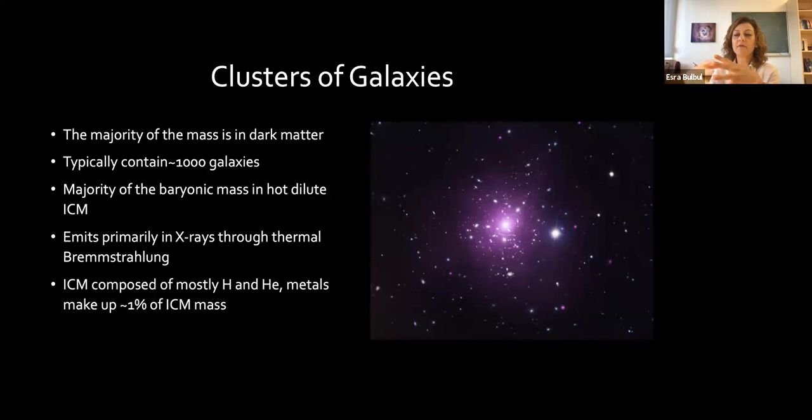And on top of that, we actually observe some atomic transitions which come from some elements that enter the intracluster medium through different physical processes.